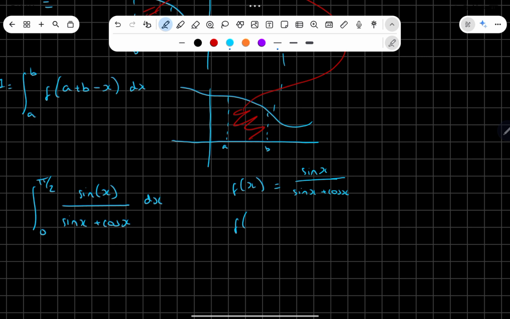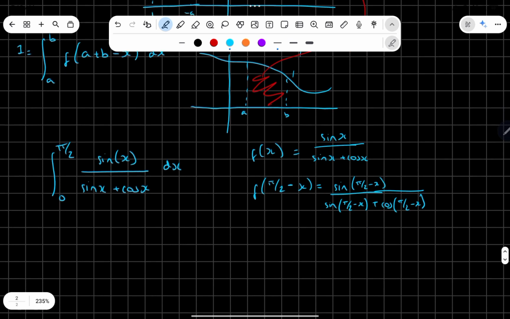And that is going to be pi over 2 plus 0, so pi over 2 minus x. This is the same as sine of pi over 2 minus x over sine of pi over 2 minus x plus cos of pi over 2 minus x. All I did here is just substitute in pi over 2 minus x.